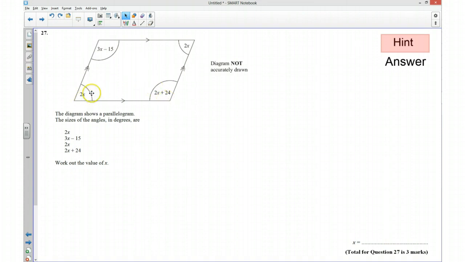So we can see over here that 2x and 2x are the same as each other, and we can see here that this here and this here is going to be the same as each other. So we should be able to come up with an equation based on that.